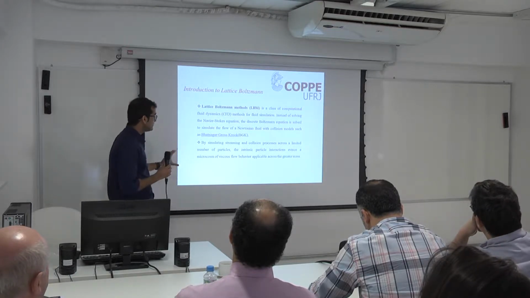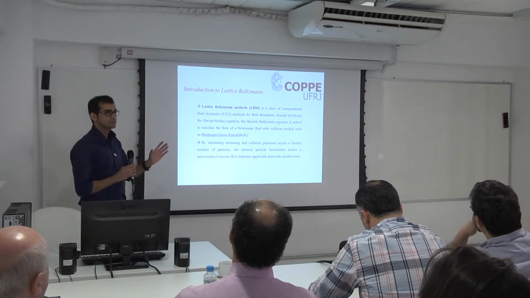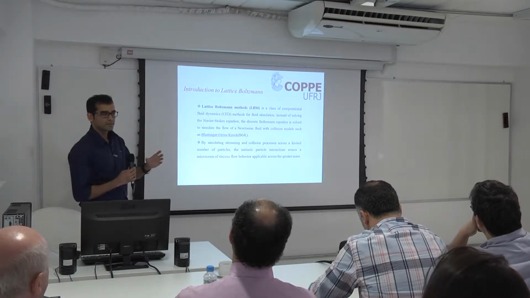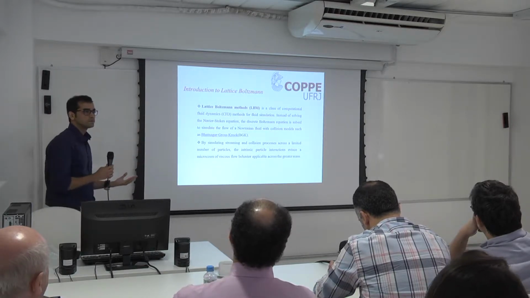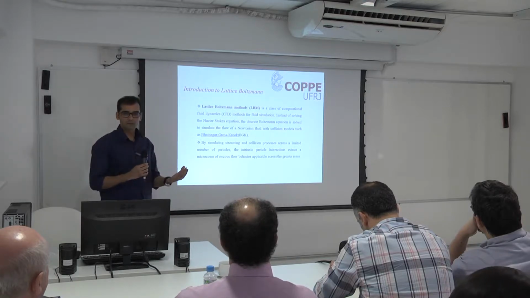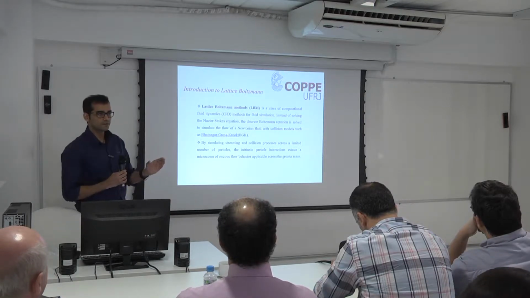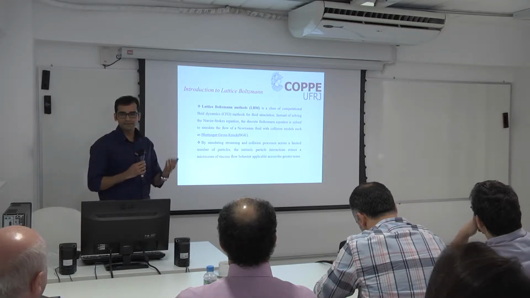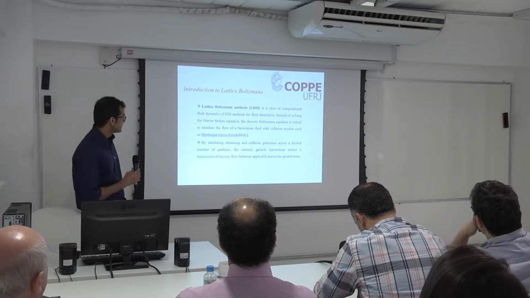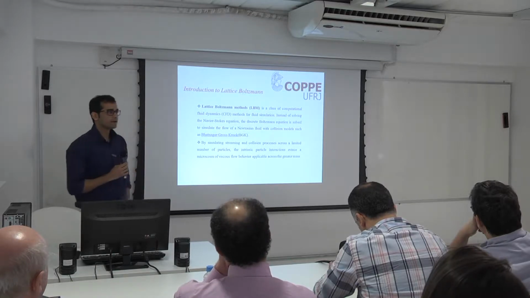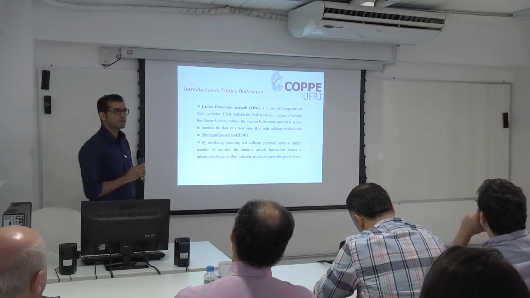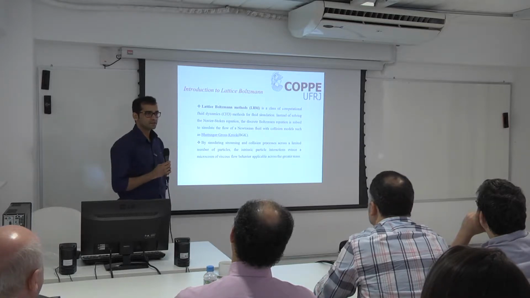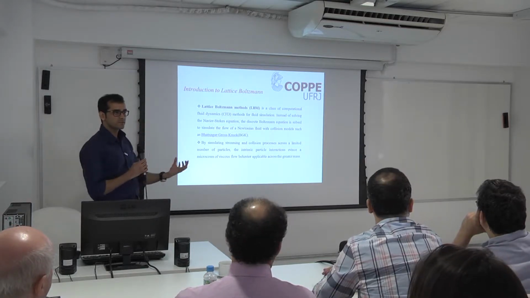What it says is that we define the fluid and the porous medium as nodes or lattice points. The pore can be defined as pore lattice points or pore nodes, and the solid, what we call the matrix, can be defined as solid lattice points or solid nodes. And the fluid itself can be defined as fictive particles. By fictive particles, I mean imaginary particles that have a particular distribution function.